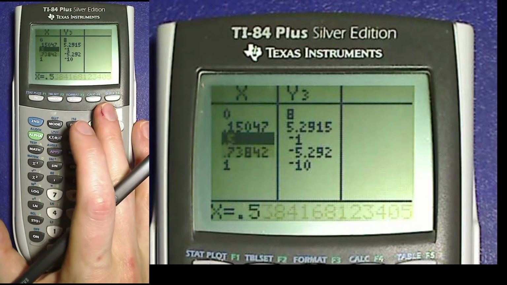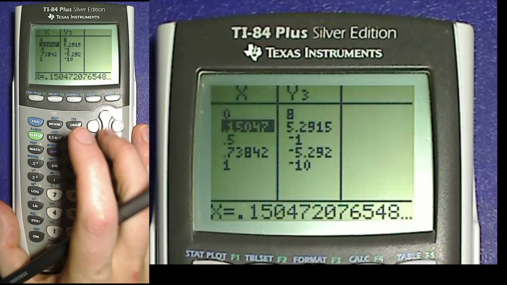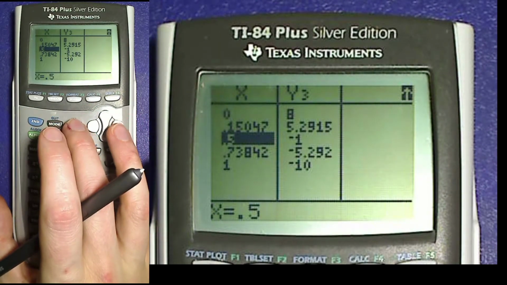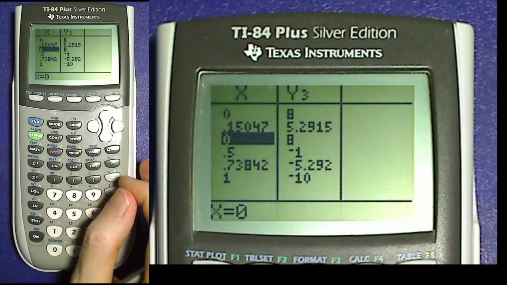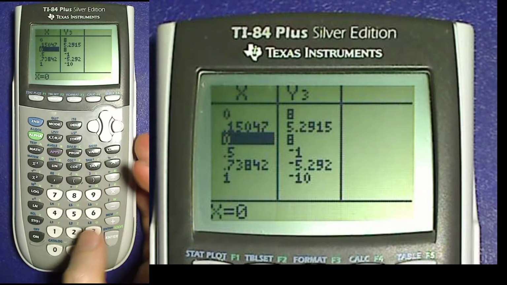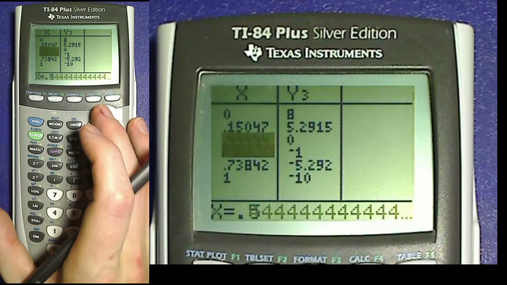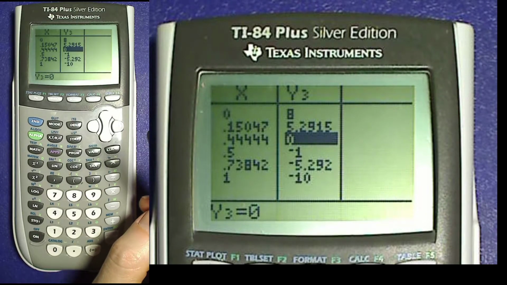Just to be safe, I'm going to go here because the hypercritical number is 0.44. That should go in between these two rows of the table. I'm going to go here and do second and this button that says insert, and that puts in a row, and I can now type in 4/9 for x, and you can see that indeed f double prime of 4/9 is 0. So that's good.